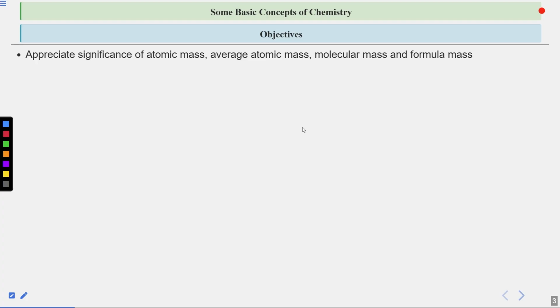Today's objective would be covering atomic mass, average atomic mass, molecular mass, and formula mass. Then we will try to understand a very basic and crucial concept of chemistry, which is mole, along with the molar mass.